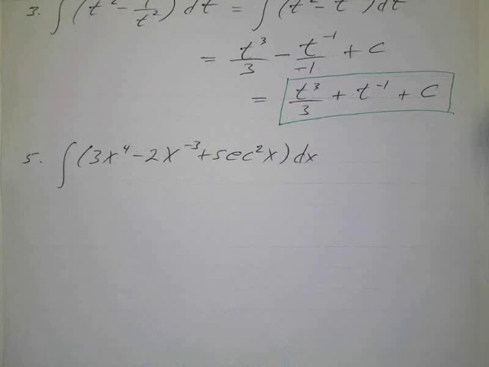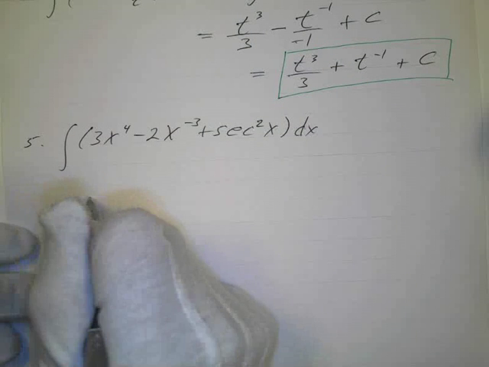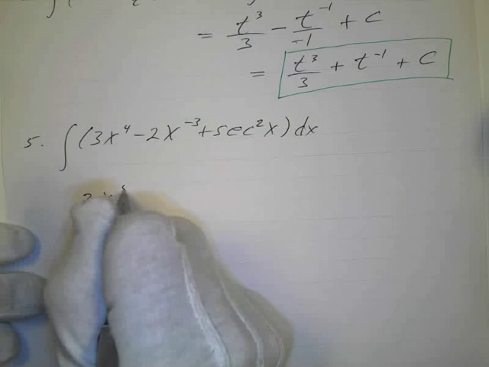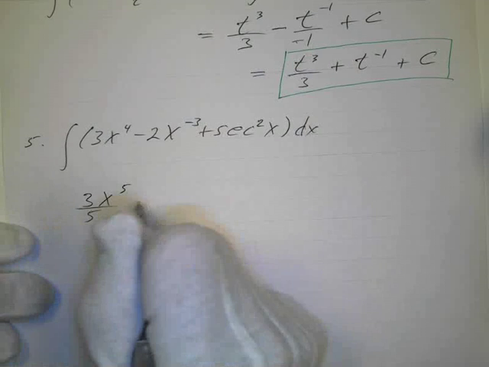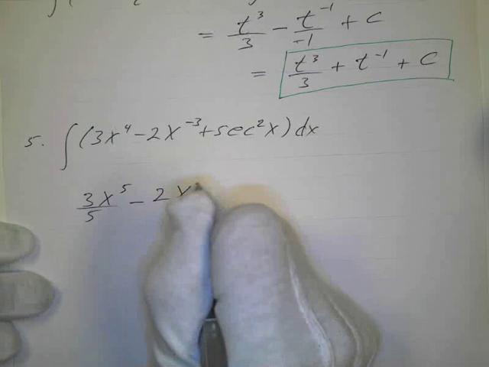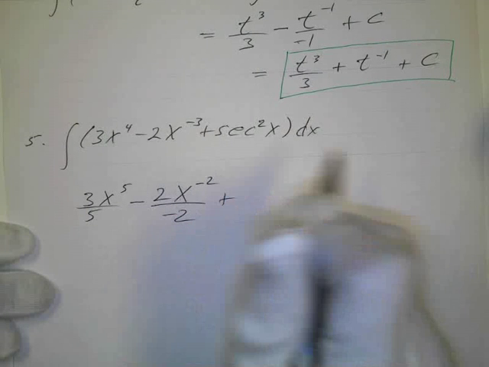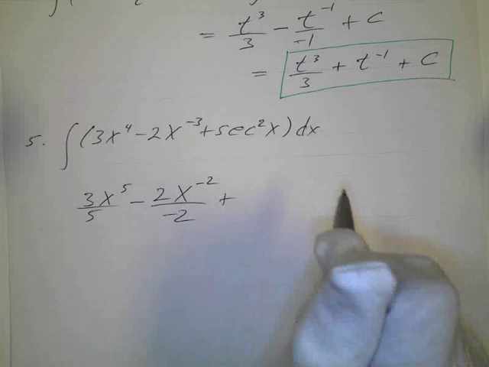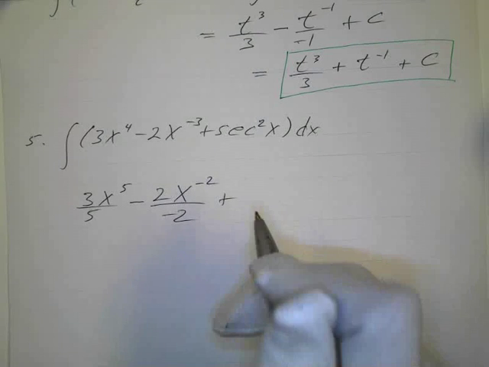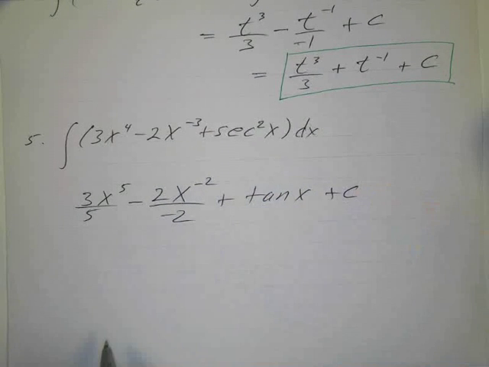And then number 5. This is all set up. The antiderivative of this would be x to the 5 over 5 minus 2, and if I add 1, this is going to be x to the negative 2 divided by negative 2 plus, and then this secant squared, the derivative of the tangent is a secant squared, so that would just be the tangent of x plus c.